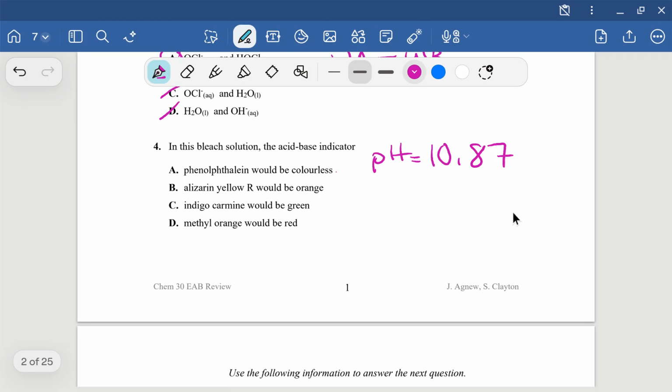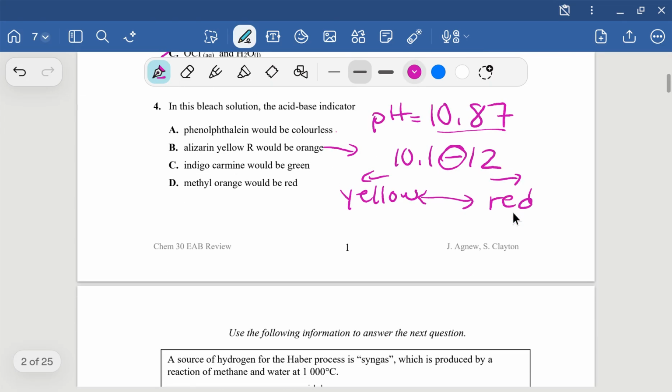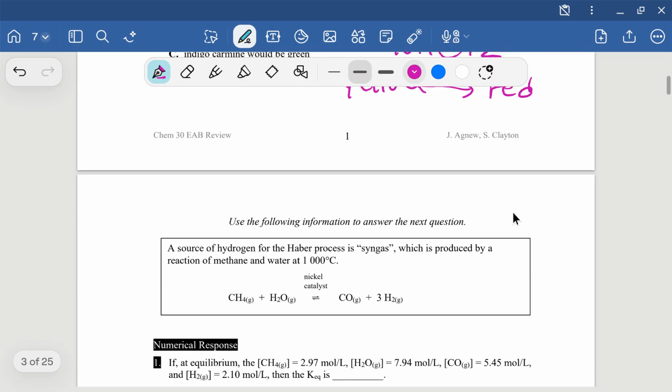B, talking about alizarin yellow R, would be orange. This one is true. Our range is between 10.1 and 12, and you can take a look at this on page 10 of your data booklet. The color, if it's below 10.1, would be yellow. If it's above 12, it is red. So if our pH is right within that range, it would be a mix of these two colors, which would make orange. So your answer there was B, and you can also take a look at the last two to rule them out.